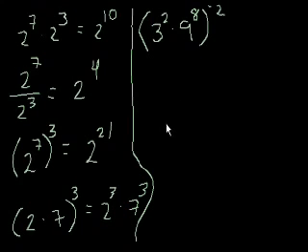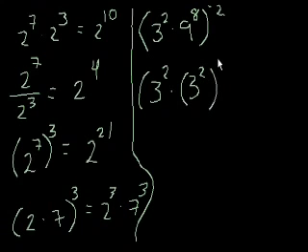So what can I do here? Well, 3 and 9 are two separate bases, but 9 can actually be expressed as an exponent of 3, right? 9 is the same thing as 3 squared. So let's rewrite 9 like that. Say that's equivalent to 3 squared times 3 squared to the 8th power, and then all of that to the negative 2 power, right?